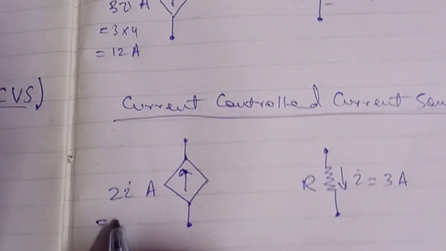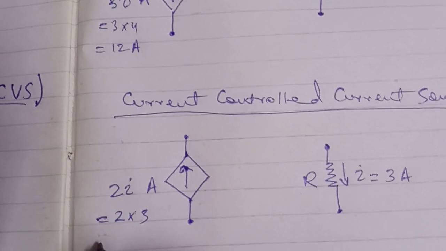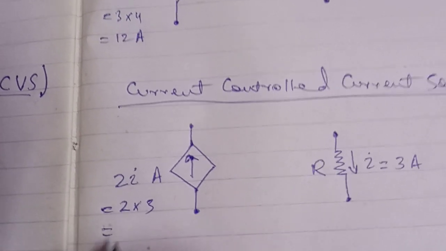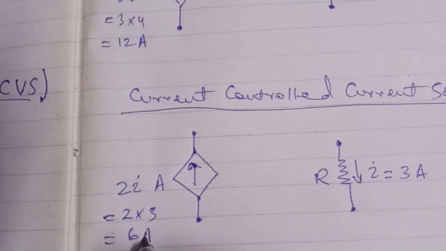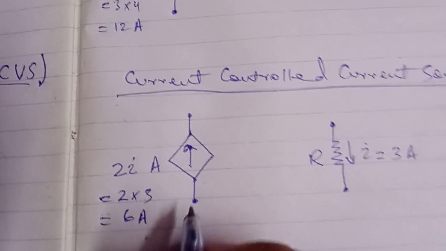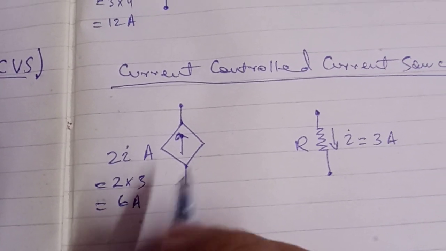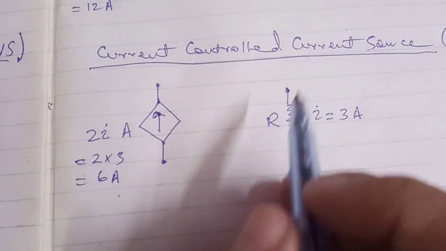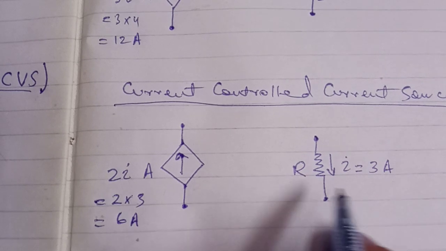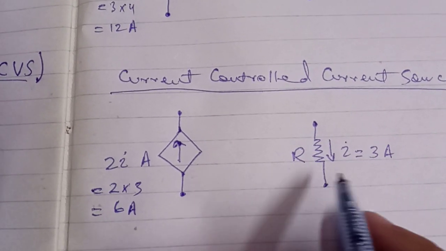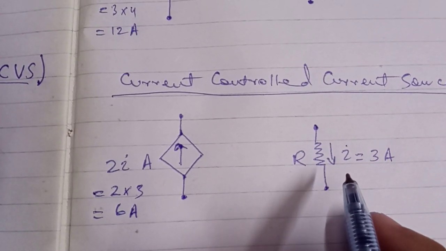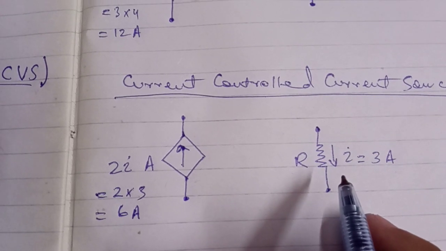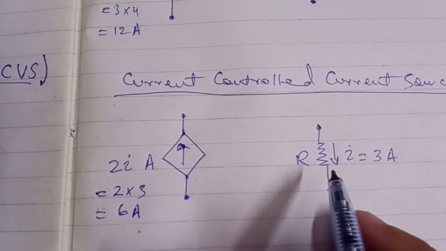So you multiply this 3 by 2. 2 times 3 is 6. So the actual value of this dependent current source is 6 ampere. Why is it called current controlled current source, CCCS? Because this dependent current source is controlled by the current flowing through the resistor. The topic ends here. Thank you very much for watching.